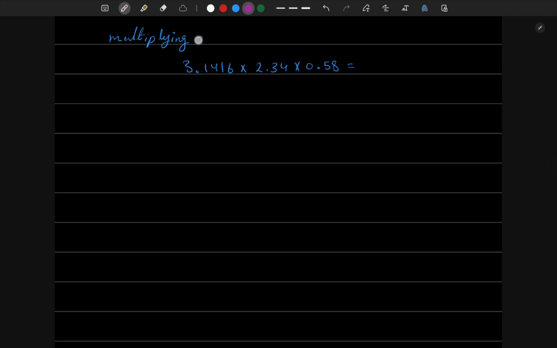Whenever I'm multiplying and dividing, my final answer should match the least number of significant figures. Now here in the first number, I have 1, 2, 3, 4, 5 significant figures. Here I have 1, 2, 3 significant figures. But in the last one, I have only 2 significant figures.